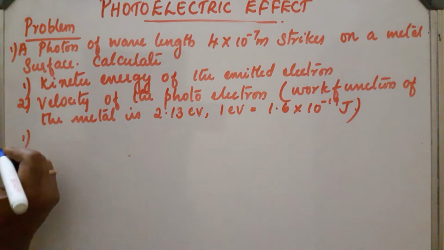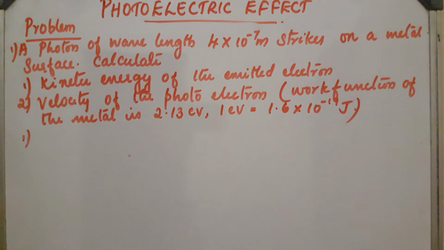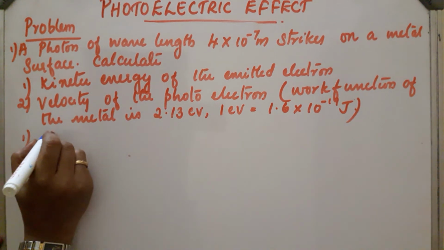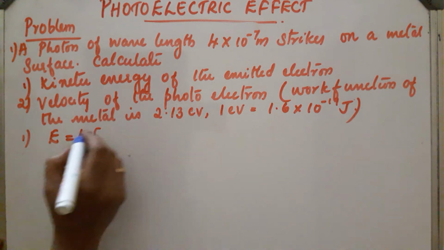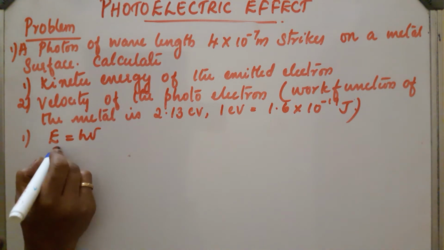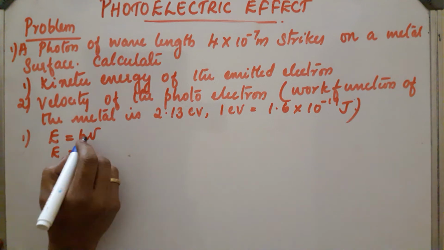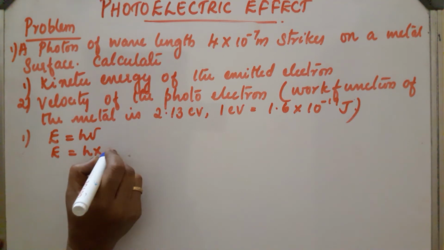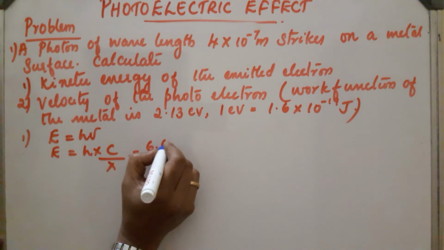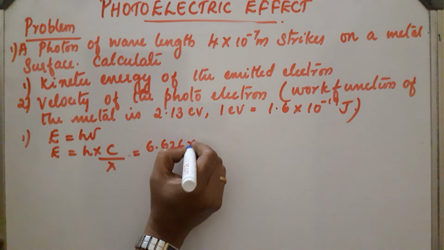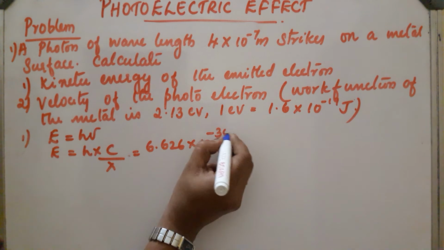First part, kinetic energy. For that, first we have to calculate E. E is equal to h nu. Lambda is given, so E is equal to h into c by lambda. We know h, Planck's constant, is 6.626 into 10 raised to minus 34.